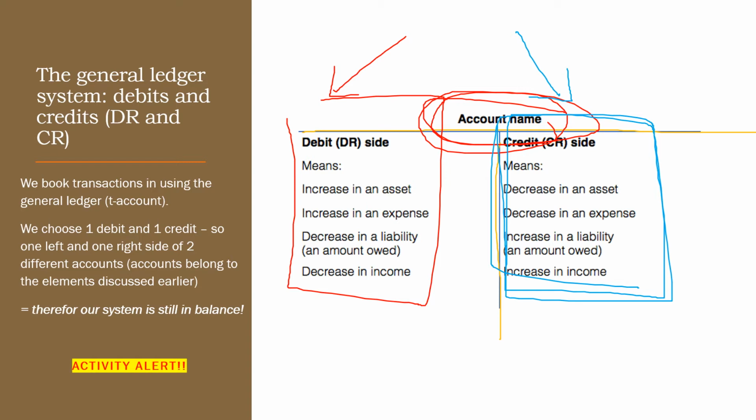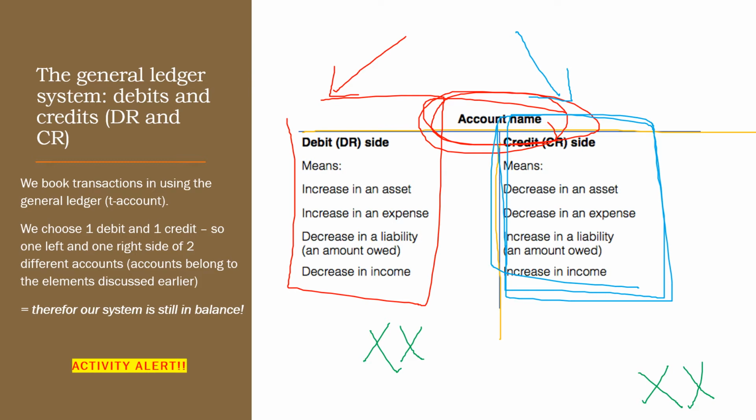The second important thing you can see on the left-hand side of your slide is that the double entry system, the one that I use an amount twice, always is made up of one debit and one credit. So that means I have an entry on the left of a specific account and I've got an entry on the right of an account.